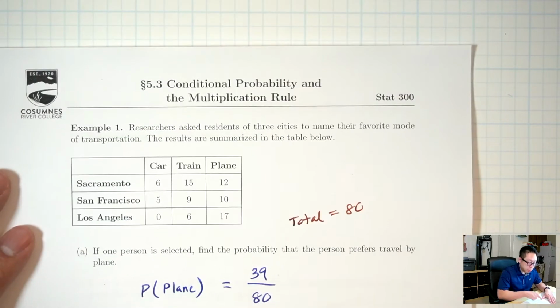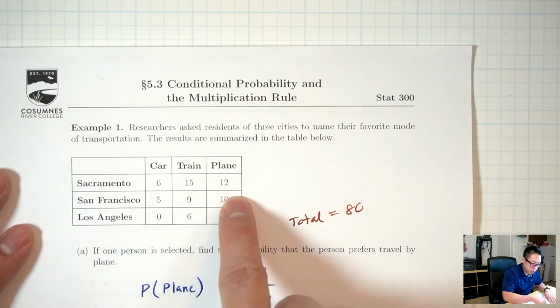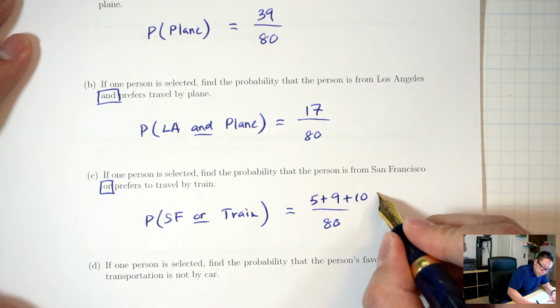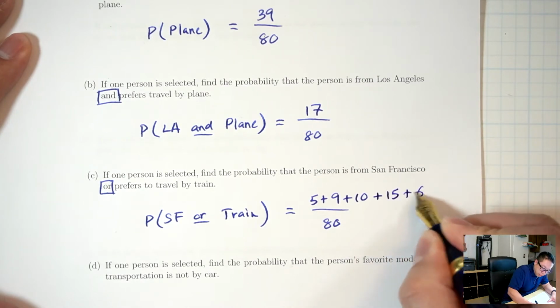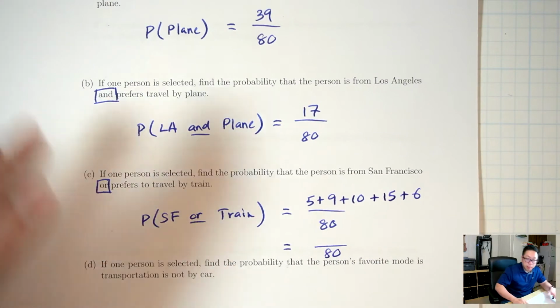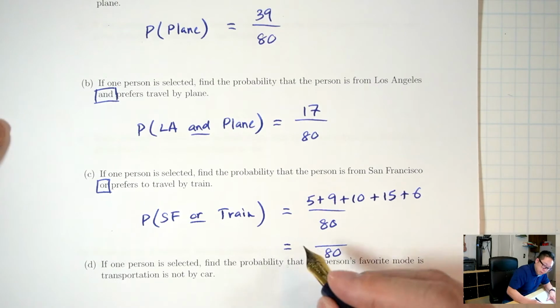Now keep in mind that I don't want to count the 9 twice. The 9 I already counted when I counted my San Francisco numbers, so I just need to add on the 15 and the 6. Bottom's 80, up top, 5 plus 9 plus 10 plus 15 plus 6, and that's 45.